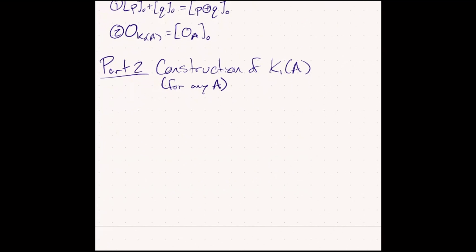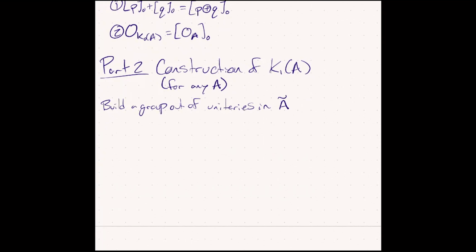But how we construct K1, and like I said, there are no extra restrictions on what A is. This time we're going to make a group out of the unitaries. But if A is not unital, then it doesn't have unitaries, so we need to look at unitaries in the unitization. The way you construct K1 is really going to mirror what we did for K0.